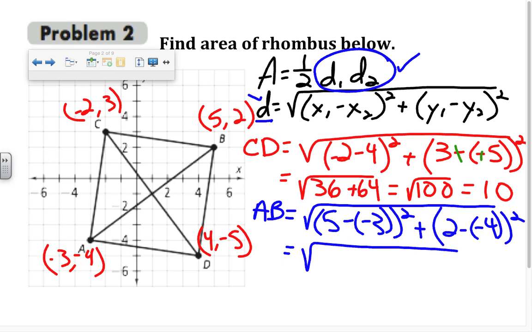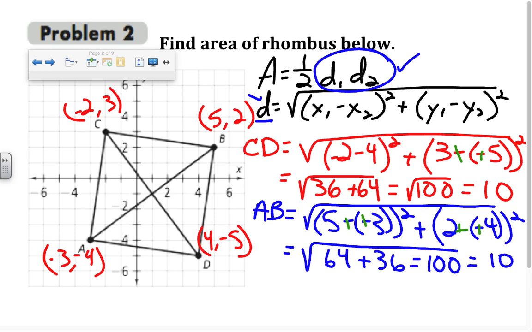Again, minus a negative becomes plus a positive. 5 plus 3 is 8. 8 squared is 64. Plus 2 plus 4 is 6. 6 squared is 36, and this looks familiar. That's the square root of 100, which is 10.